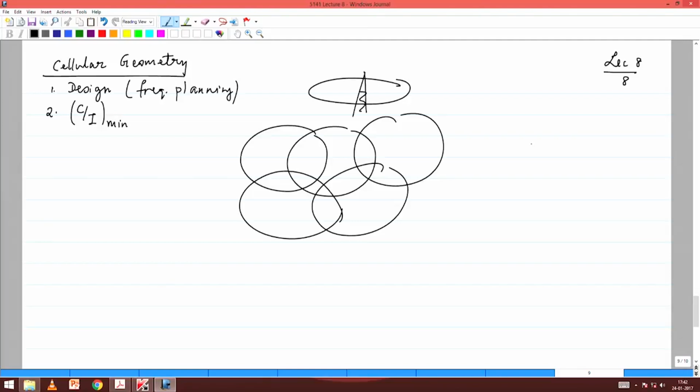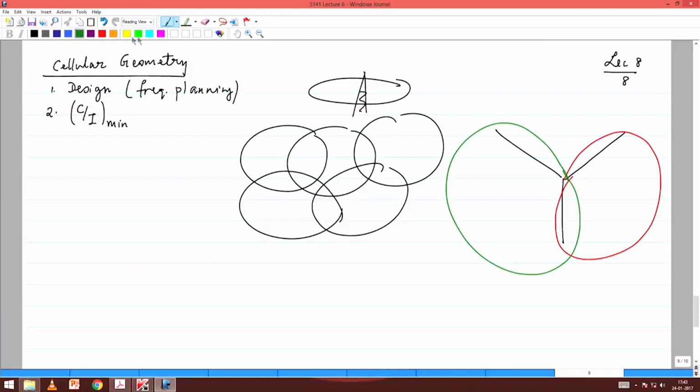Now we also said that we would like to have 120-degree sectorized radiation. If I tell you that that is the preferred design principle, then the question is, what is the shape that you would have to have for your cell? It turns out that's not very different, because that still starts to look like a circular shape.